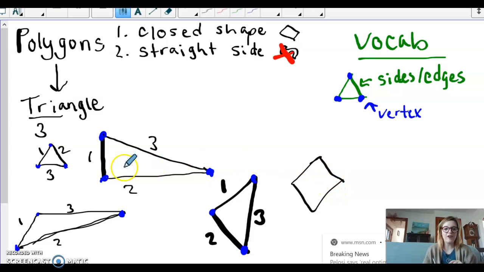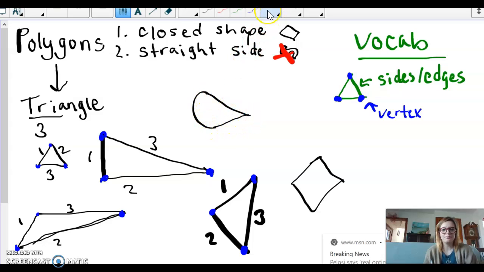So triangles are following the rules of polygons. They all have to be closed, all have to have straight sides. And what I mean by that is, I can think of a really cool shape. 1, 2, 3, and it kind of looks like an ice cream cone. But because of those curved angles, our vertices actually are harder to tell, since this whole thing could look like one line.